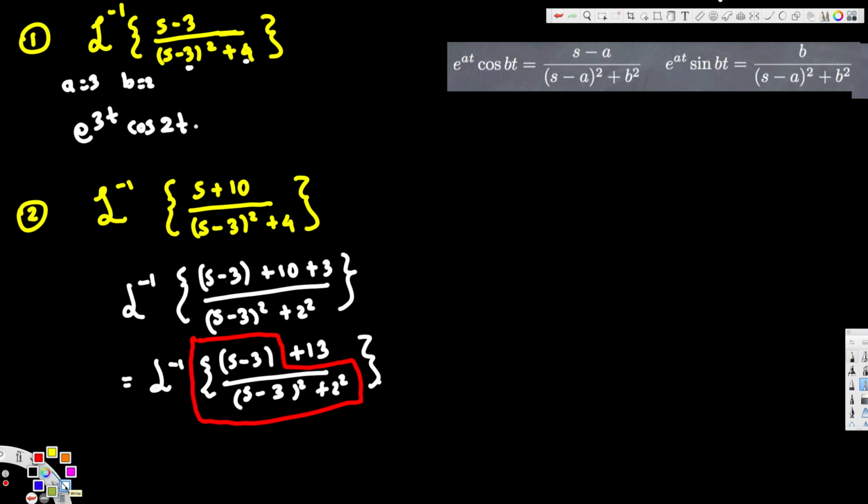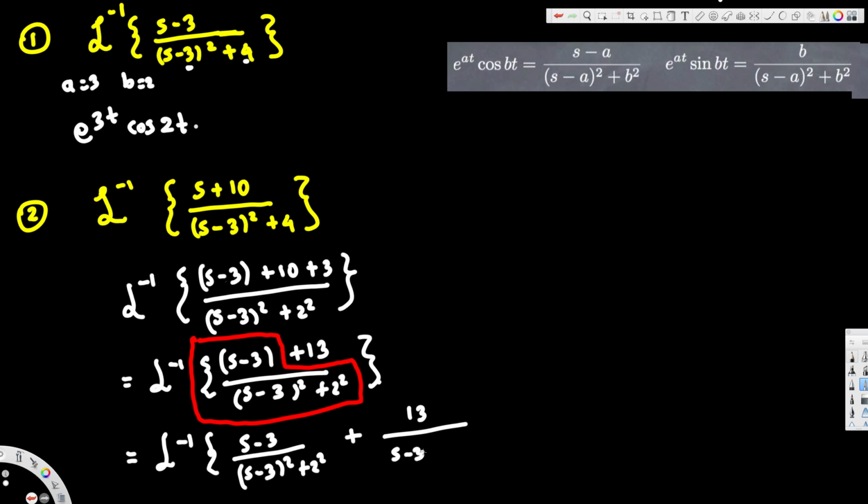We can separate this one and create another one, where the denominator remains the same for 13 also. So when we separate, we have L⁻¹ of (s − 3) over (s − 3)² + 2², plus 13 over (s − 3)² + 2².